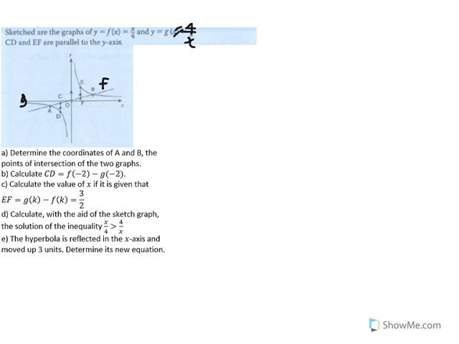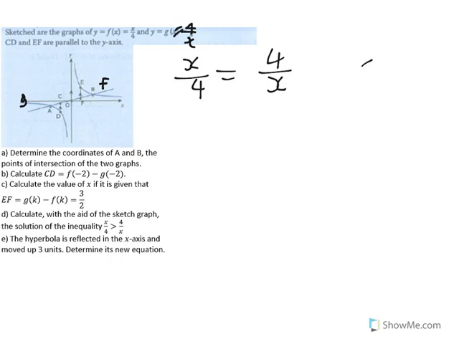Cool. So let's see. First question. Determine the coordinates of A and B, the points of intersection of the two graphs. So remember, to find points of intersection, we're saying output of function 1 needs to be equal to output of function 2. So we're dealing with an equation that involves fractions.